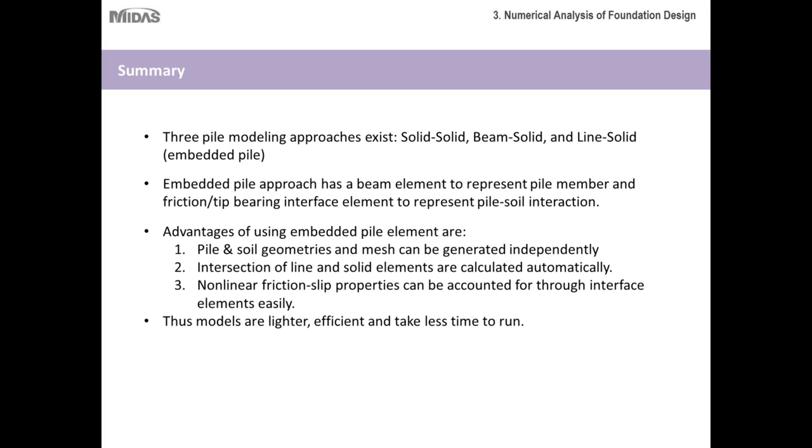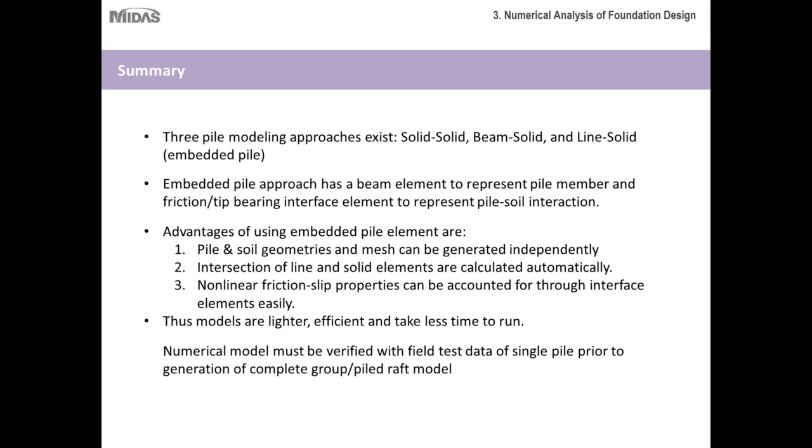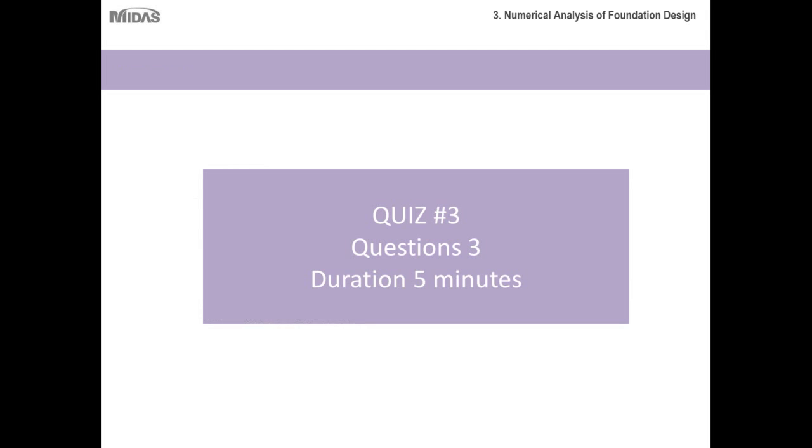Thus, the models generated from this approach are lighter, efficient, and take less time to run. The numerical analysis model must be verified with the field test data of a single pile prior to generation of the complete group or pile raft model. And the selection of modeling approaches depends upon the objectives of your analysis.